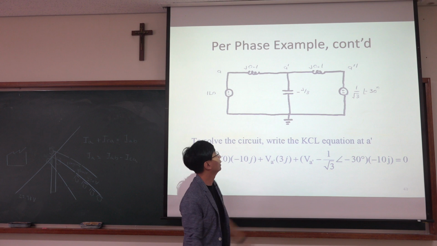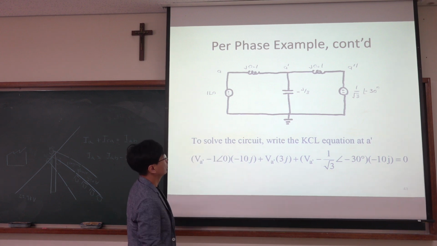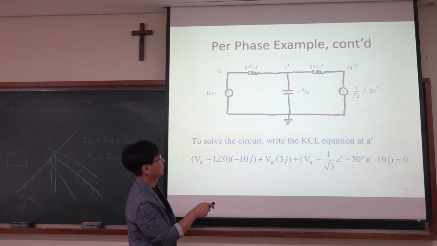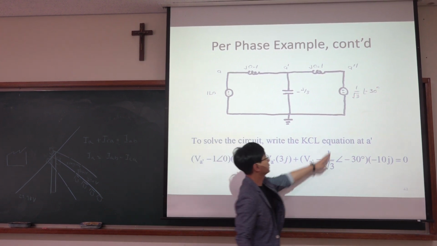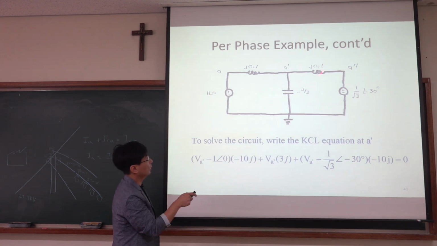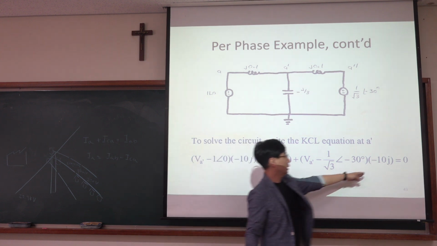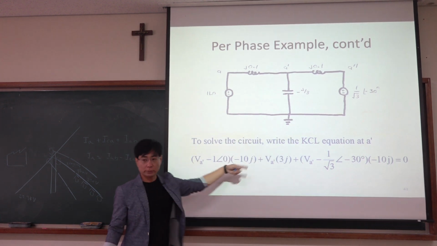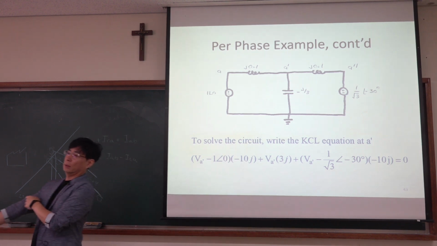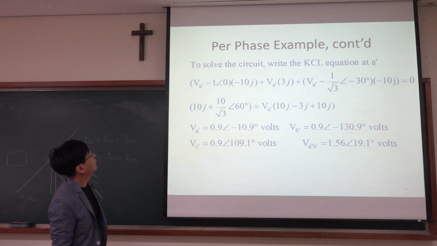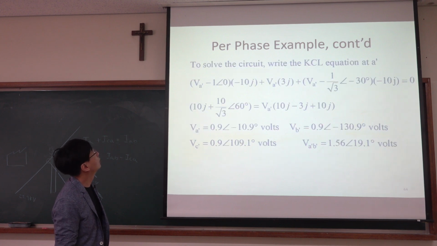And for this current, we already know the voltage here, that is 1 over square root of 3. So V A prime minus that voltage over this impedance, and the inverse of that is minus 10J. So this should be 0. We have only a single variable, so you do the simple math and get the result. So V A prime is computed.